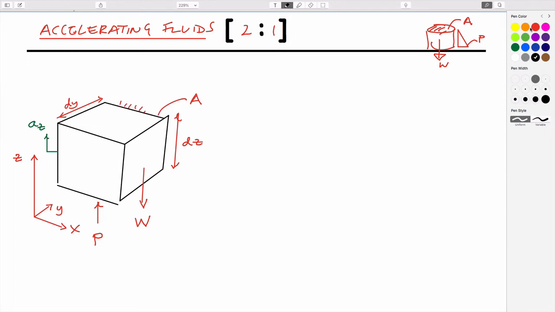On this face here, all I needed to do was change the direction of the arrow. This is another fluid pressure that's acting, but it's plus an increment of fluid pressure. So as you go from this point to this point, pressure changes by some small amount dP.